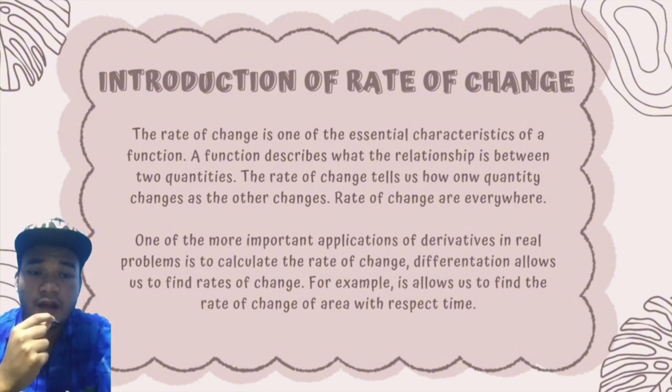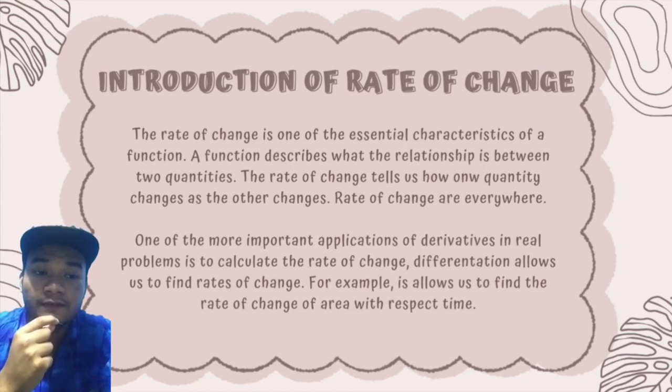However, one of the more important applications of derivatives in real problems is to calculate the rate of change. Differentiation allows us to find rate of change. For example, it allows us to find the rate of change of area with respect to time.